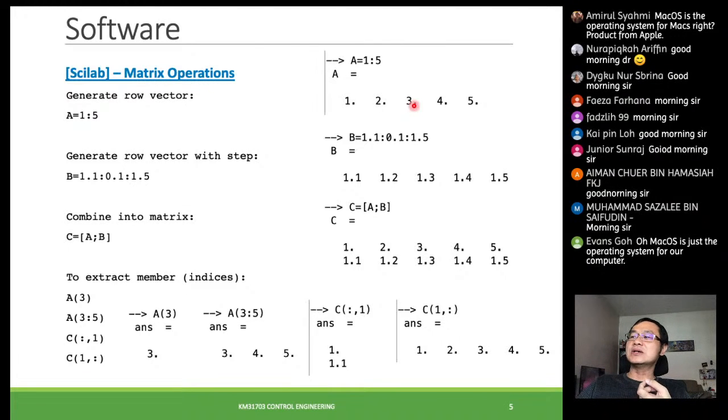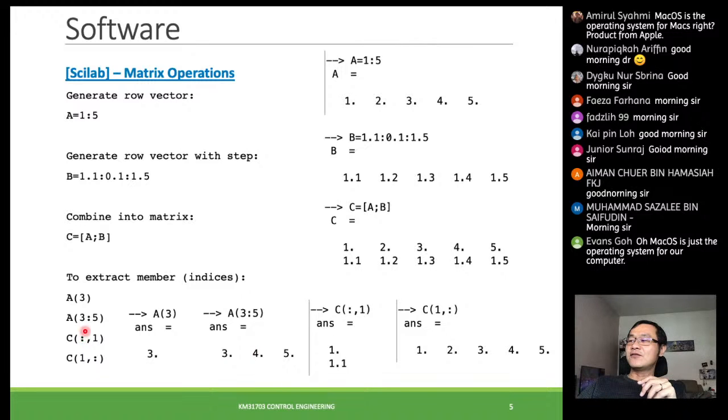If you type A bracket and the member number, the counting of the member, it will show you the answer. It refers to number 3. If you put 3:5, meaning you are selecting members from 3 to 5, this double dot refers to 3 to 5, and you get this answer.